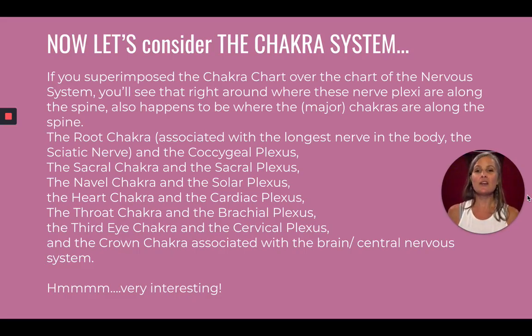Very interesting. The root chakra is associated with the longest nerve in the body, the sciatic nerve, also the coccygeal plexus, the sacral chakra and the sacral plexus, the navel chakra and the solar plexus, the heart chakra and the cardiac plexus, the throat chakra and the brachial plexus, the third eye chakra and the cervical plexus. And the crown chakra is associated with the brain and central nervous system up here.